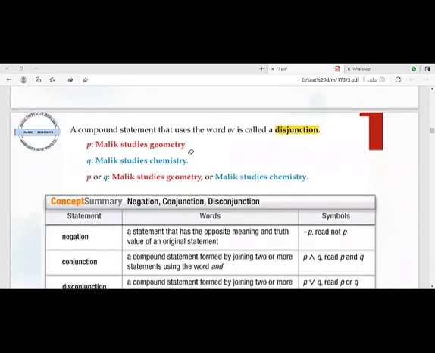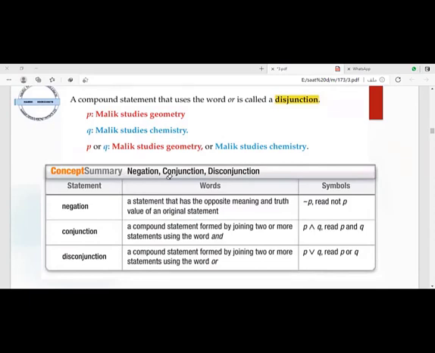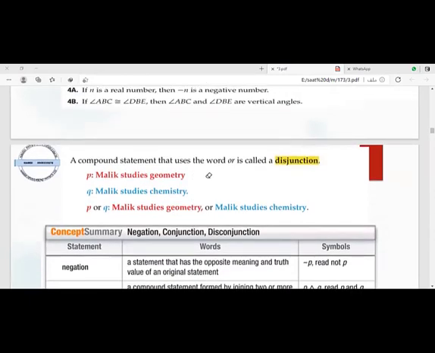A compound statement that uses the word "or" is called a disjunction. For example, Malik studies geometry. Malik studies chemistry. So Malik studies chemistry or geometry, it's a disjunction. So we have conjunction (and) and disjunction (or).